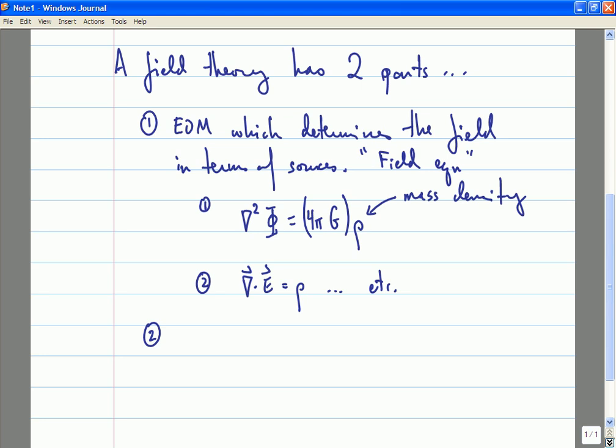So what we need is an equation which determines the motion of objects in the presence of a field, which is usually referred to as the force law.